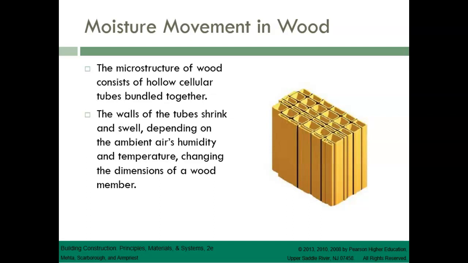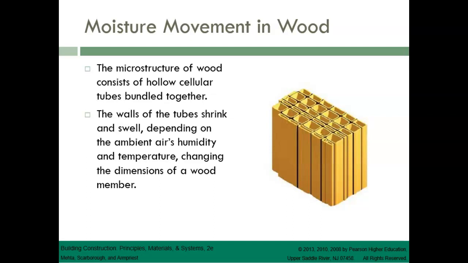Let's take a look at wood. As discussed in greater detail in Chapter 13, the microstructure of wood consists of hollow cellular tubes bundled together. The walls of the tubes shrink and swell depending upon the ambient air's humidity and temperature, changing the dimensions of the wood member. So wood is a different animal than concrete or masonry types of products.